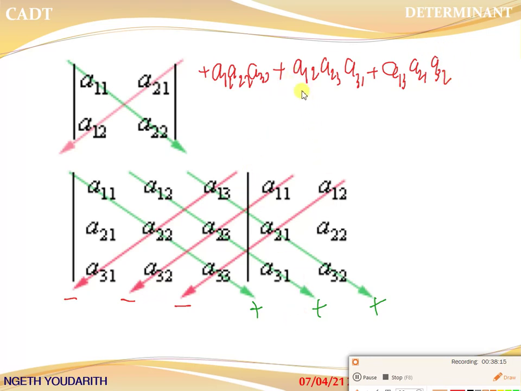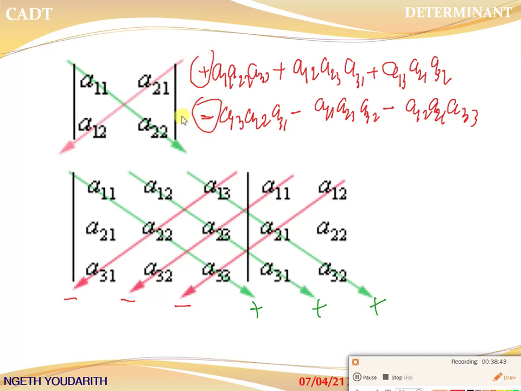The green is plus, and this one is minus: A13, A22, A31, minus A11, A23, A32, and minus A12, A21, A33. This is the positive sign and negative sign.